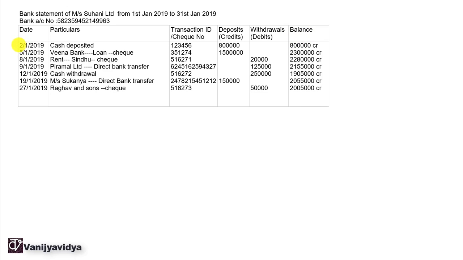Let's see the first transaction. 2nd Jan 2019, cash deposited. You have check number 123456, deposit 8 lakhs, or it is also known as credit, and the balance as on 2nd Jan 2019 is 8 lakhs.